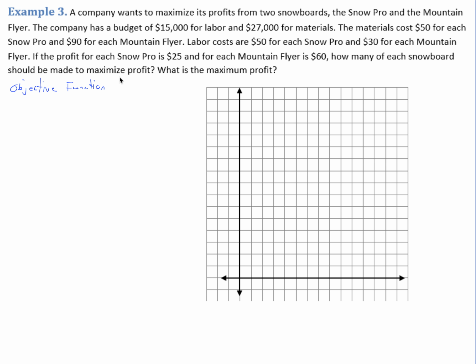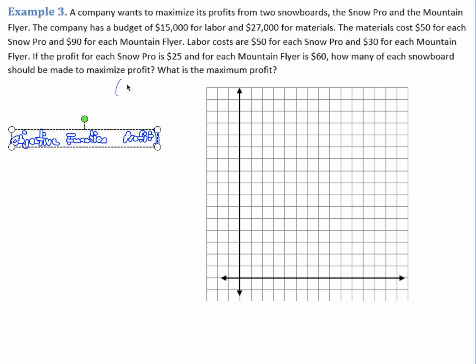So our profit, what is our profit going to be? Our total profit for both snowboards. Well, profit ends up being the money we make on the Snow Pro plus the money made on the Mountain Flyer. So before we even come up with a function, we have to define some variables. So I shouldn't write this quite yet. So we'll move that down because we have to define our variables here first.